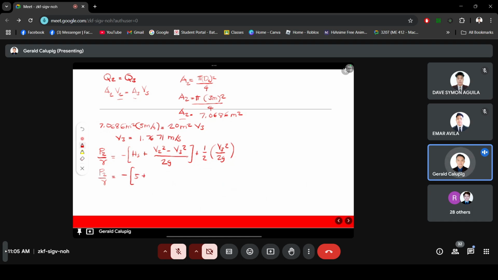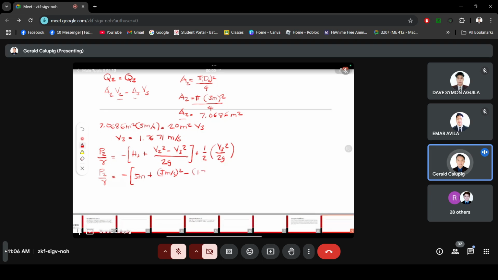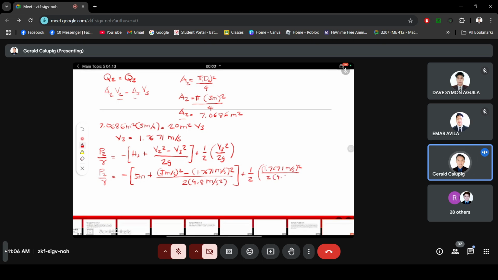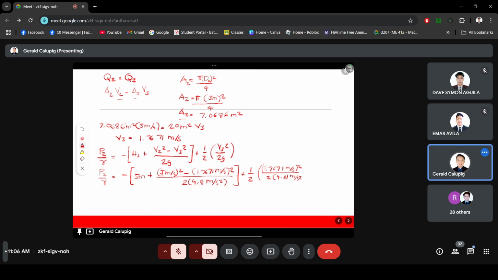We can have 5 plus our V2 squared, 5 meters per second squared, minus 1.7671 meters per second squared, over 2 times 9.81 meters per second squared, plus 1 half times 1.7671 meters per second squared all over 2 times 9.81 meters per second squared.